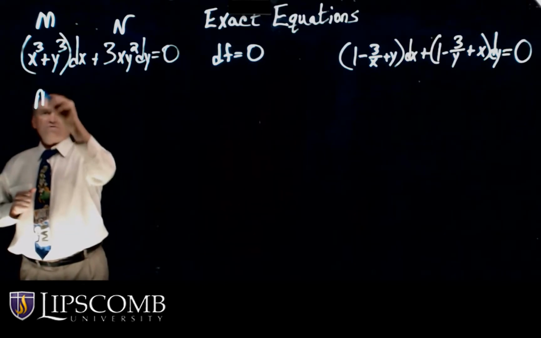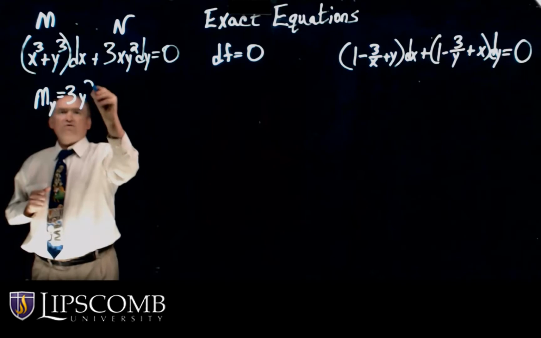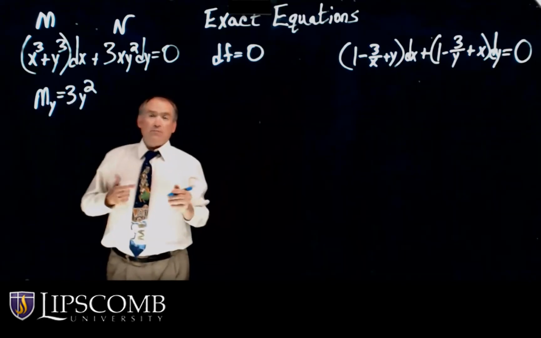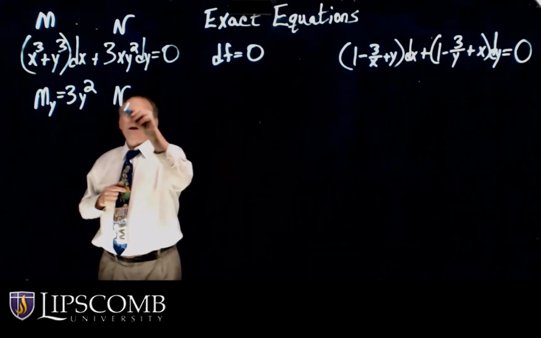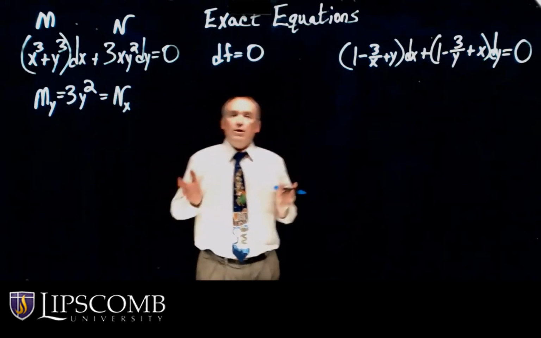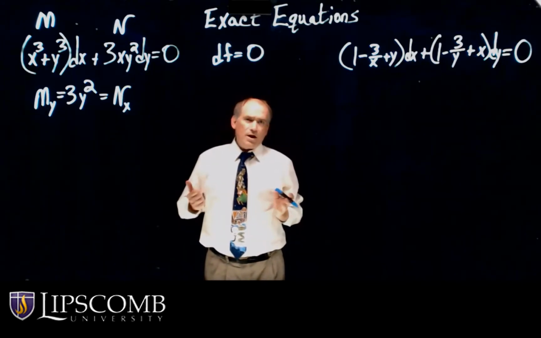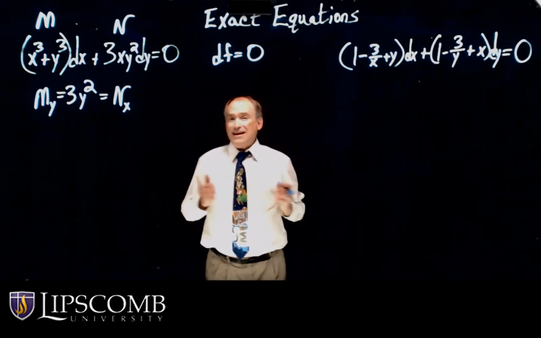Well, we take the partial of M with respect to y, so that would be 3y squared. Now I take the partial of N with respect to x, so again, that's 3y squared, so therefore this is exact.